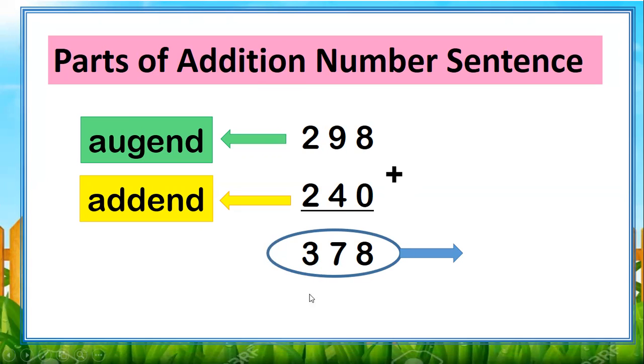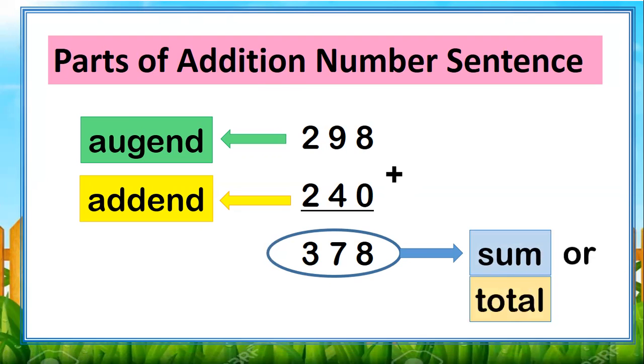378, or the answer in addition, is what we call sum. Sometimes it is called the total.